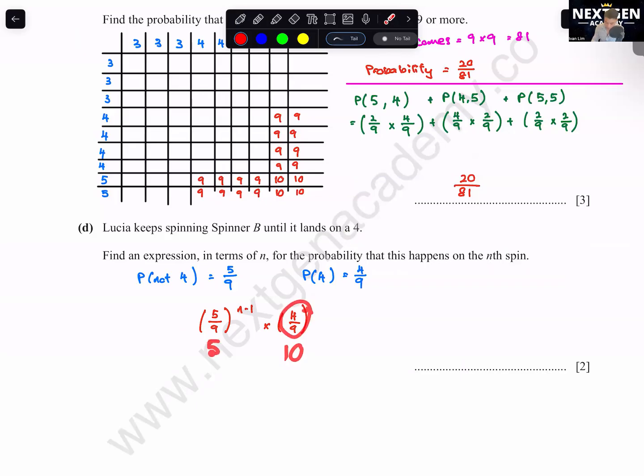That means I'm going to do 5 over 9 multiplied 9 times, which is 10 minus 1 times. Okay, so this is the answer: 5 over 9 to the power of n minus 1, multiplied by 4 over 9. I think one of the previous papers, the 2023 paper, also had a very similar question like this.